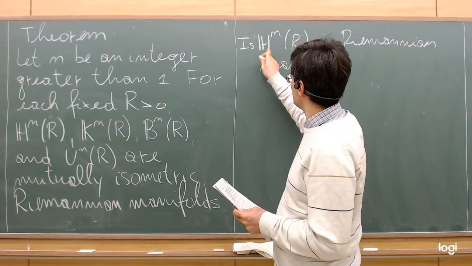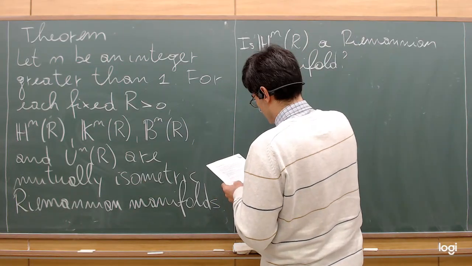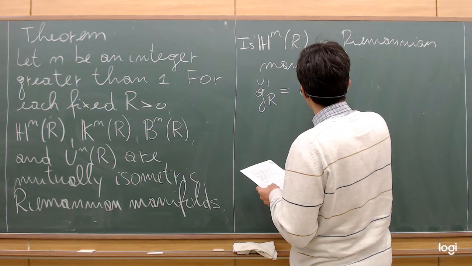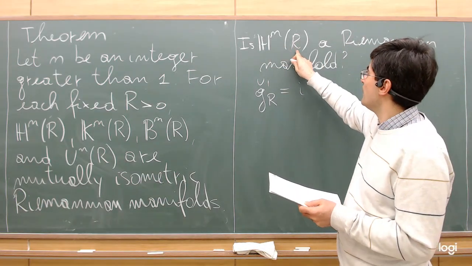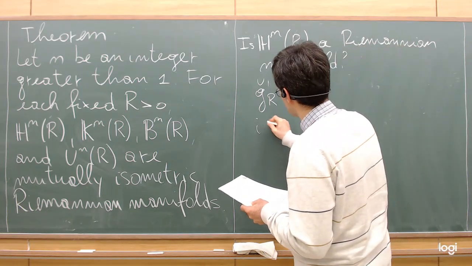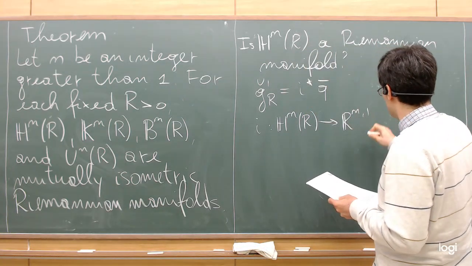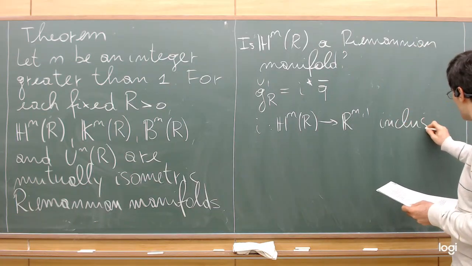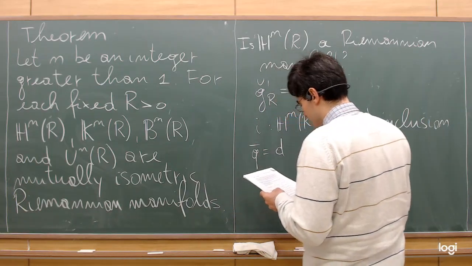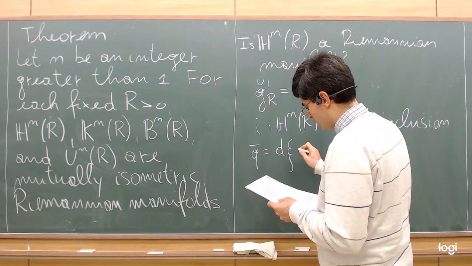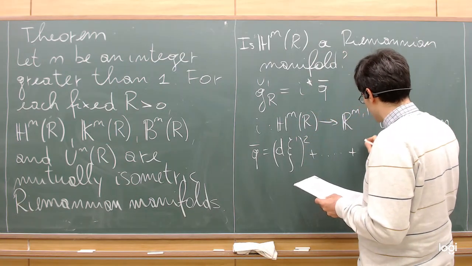because the metric on this model is G_1^R equal i star Q bar, where i is the inclusion of H^n_R in R^{n,1}, and Q bar is the pseudo-metric known as Minkowski metric, given by this formula.